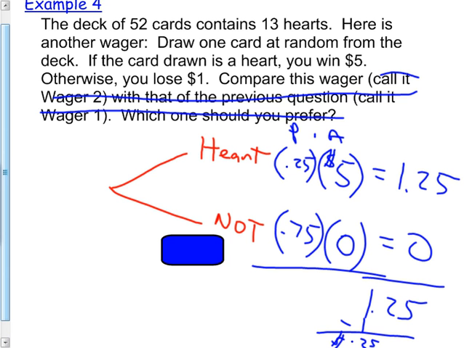I will make, because that's a positive number, 25 cents every time I play the game. You see how that's better than the 15-cent game? Still not a tremendous moneymaker, but compared to the buck you're paying, you have a 25% payback on your buck. 25% is a pretty good return on your money.